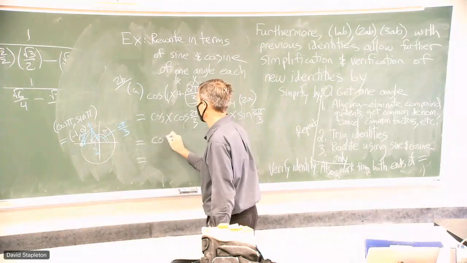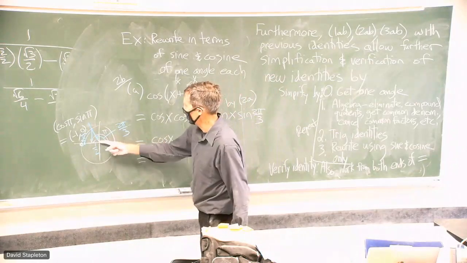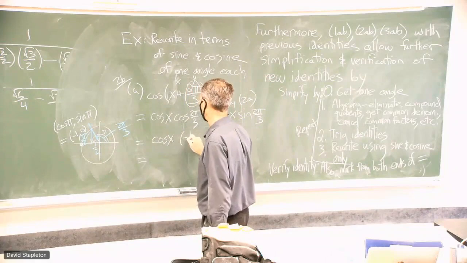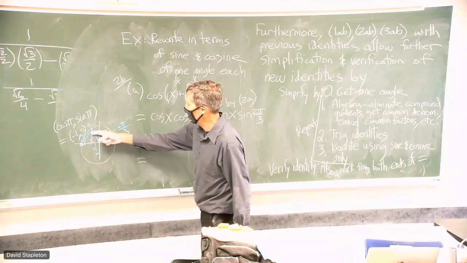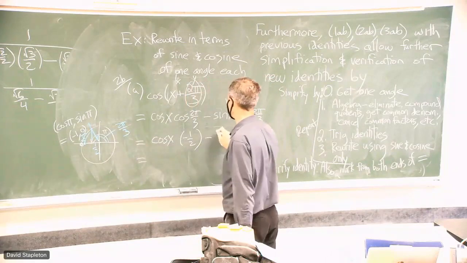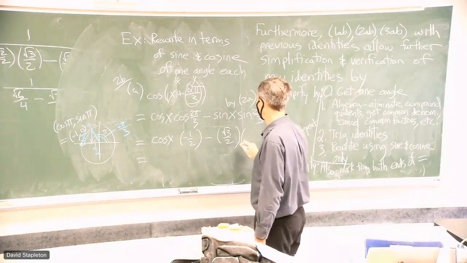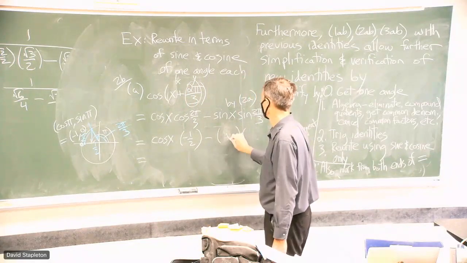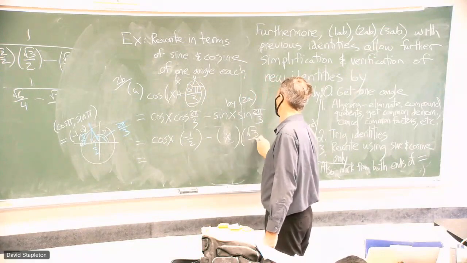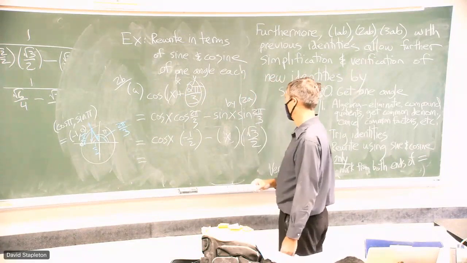So I've got cosine x. Cosine of 2 pi over 3 is -1/2. Sine of 2 pi over 3 is the y coordinate, plus square root 3 over 2 off the unit circle. And there's what I've got.